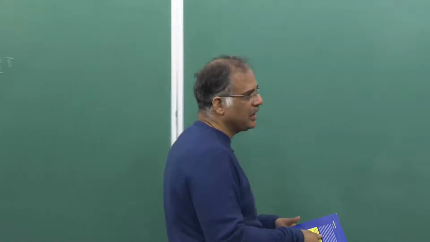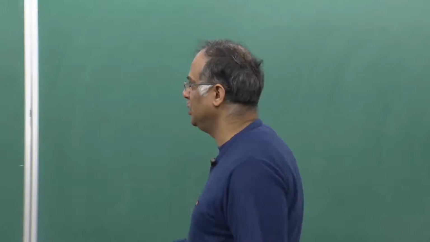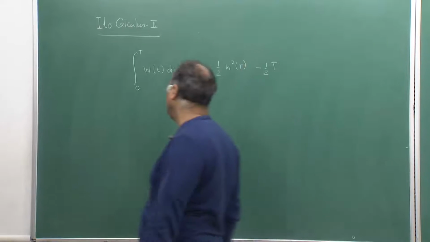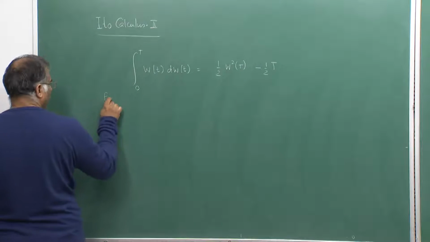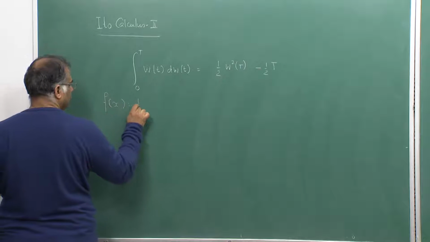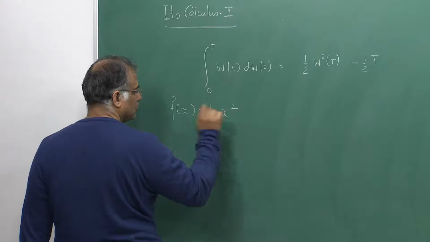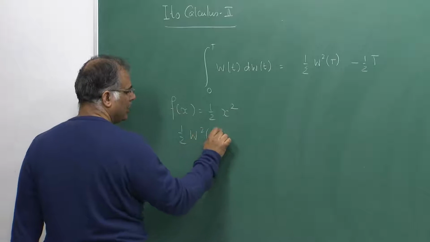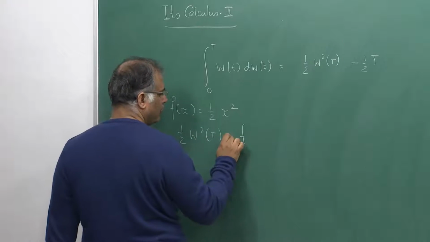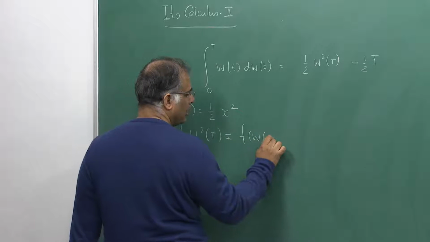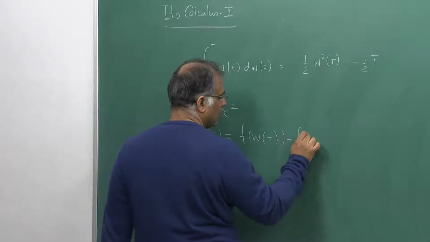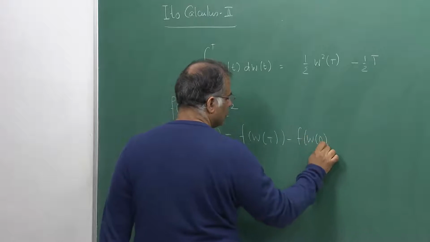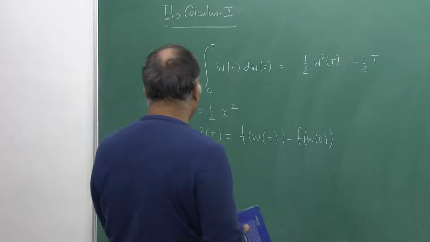But this can come right out of Ito's formula, because if you take f of x to be equal to half x square, then half of w square t is f of wt minus f of w0, which is 0, and f of 0 is 0.